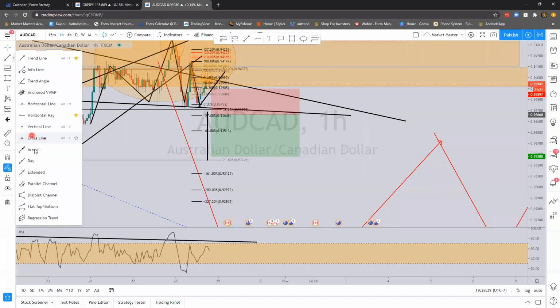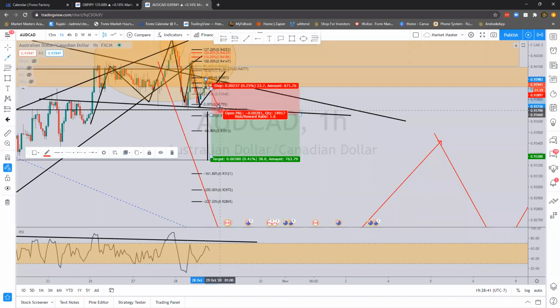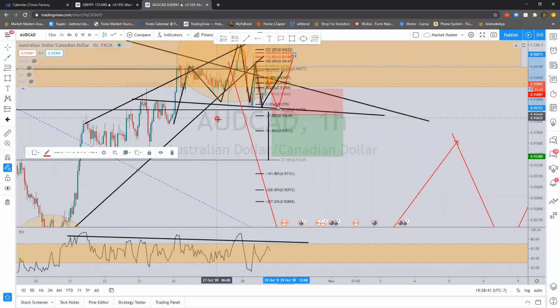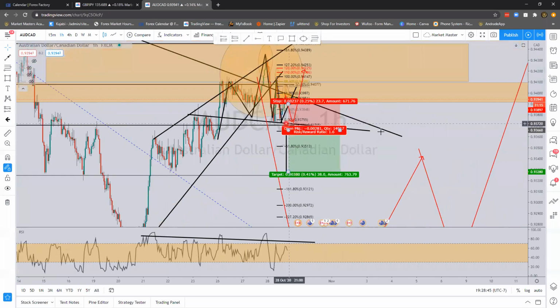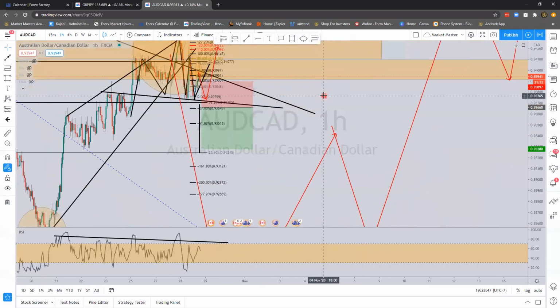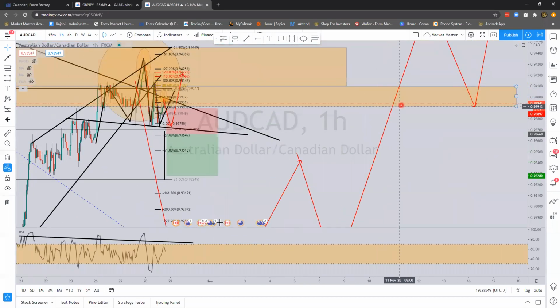Sometimes price will come down, hit this area, and then shoot up, so it doesn't break through. So this type of trade would be a pending sell stop order. But let's look at other ones.